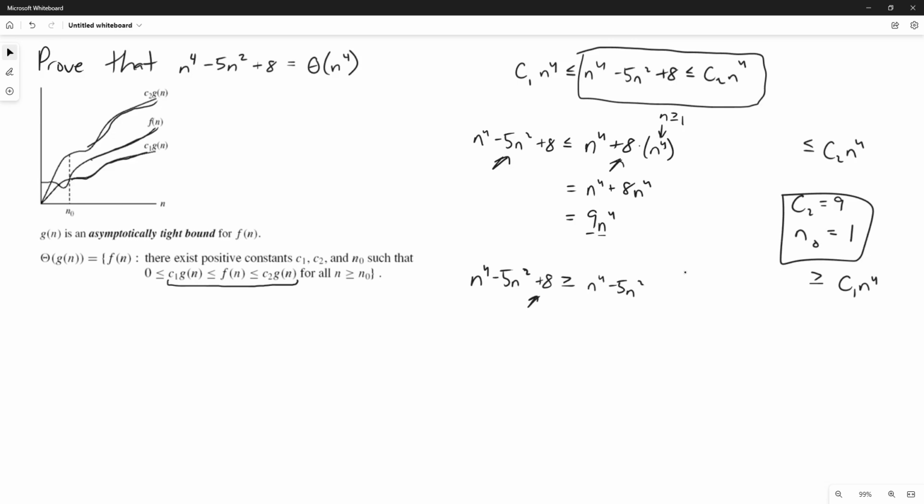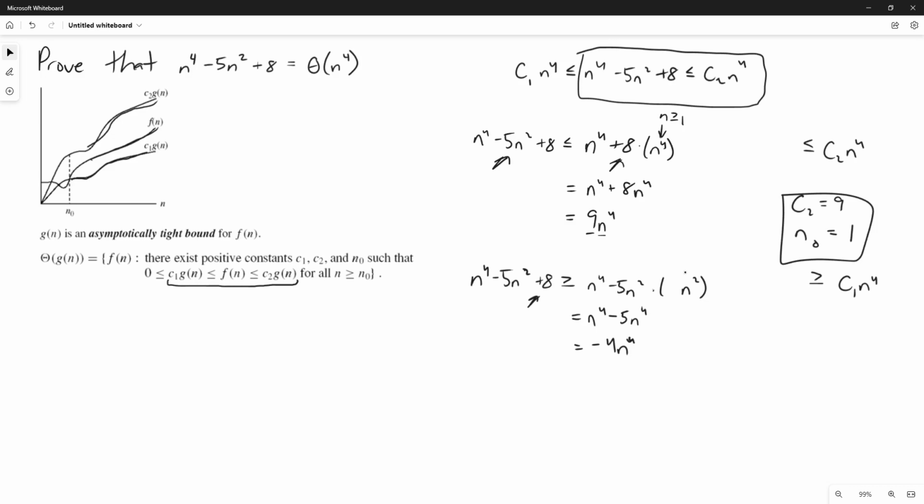Then we need to get these to be the same order, so we're going to multiply by n squared to get to the 4th, which will be n to the 4 minus 5n to the 4, which will give us negative 4n to the 4.